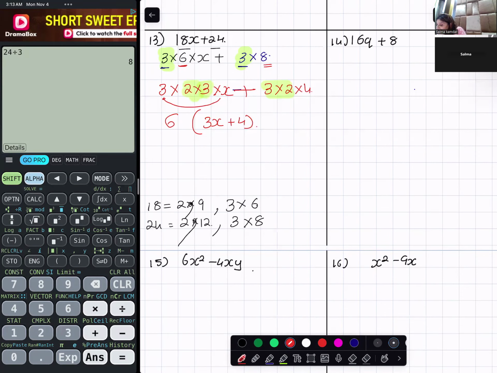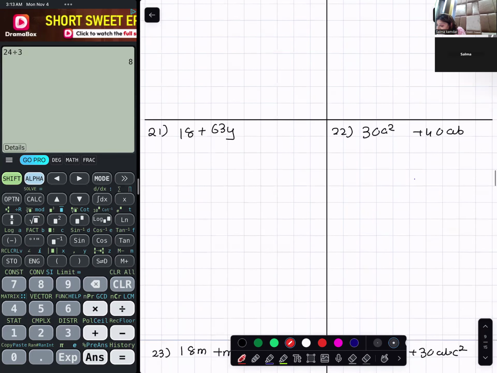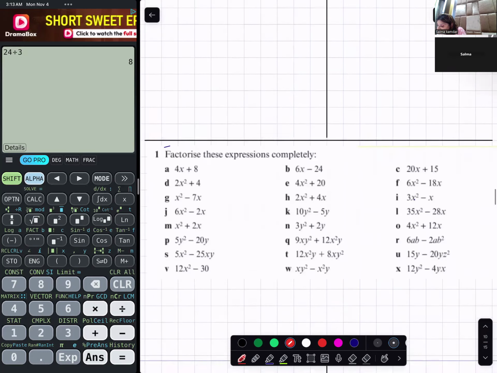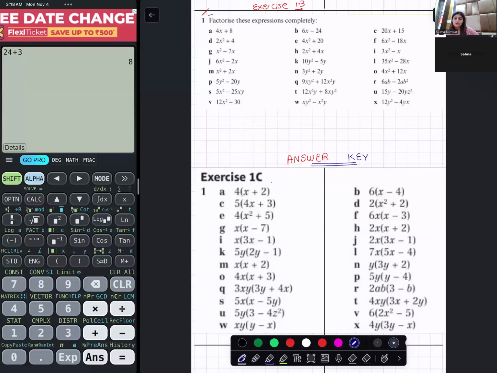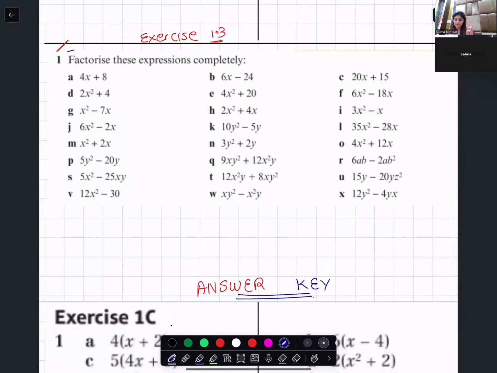You can try these sums yourself. It's very easy. It's there in the worksheet. You can try these sums yourself, and there are few further examples of factorizing. This is your exercise 1.3 of factorizing simple equations. So here are some sums which is related to factorizing. Here you have to ensure that you're factorizing only two terms.